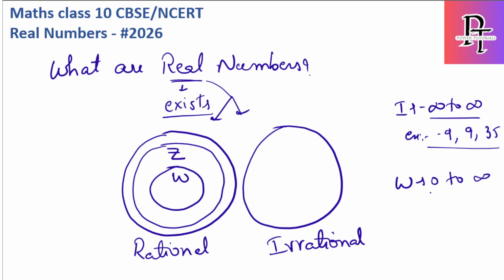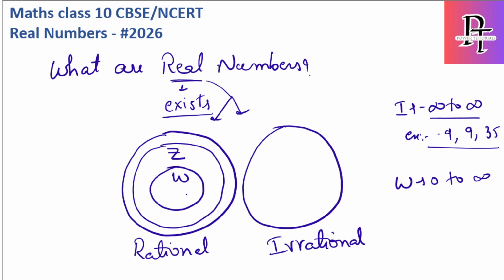All the numbers from 0 to infinity belong to whole numbers.